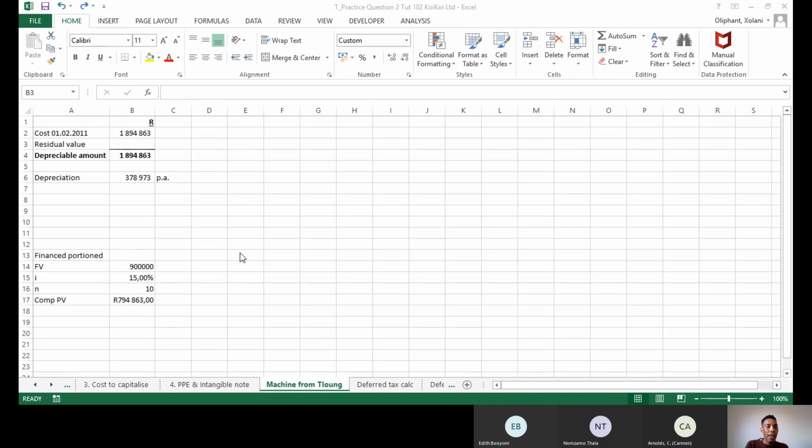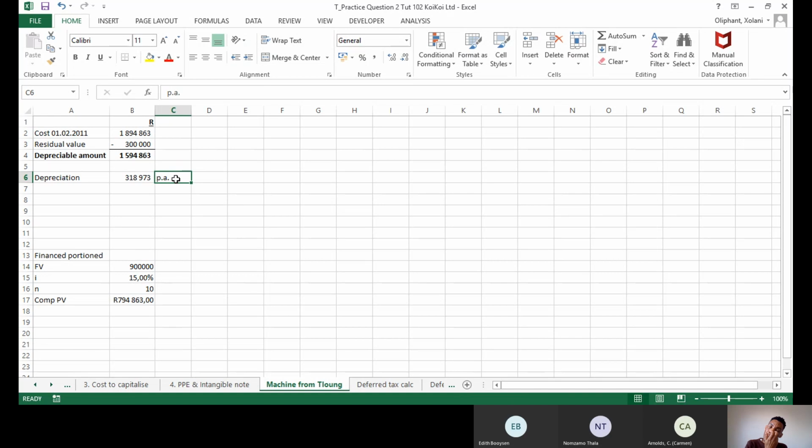Fine. Now we have a residual value of 300,000. Okay. Fine. Now it means that if we have our depreciable amount, we can then determine our depreciation per annum. So our depreciation per annum currently is 318,973.